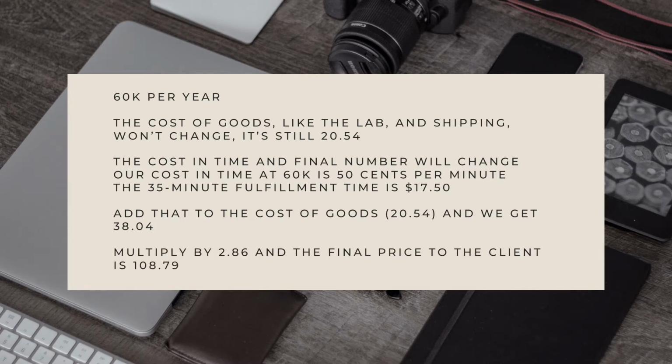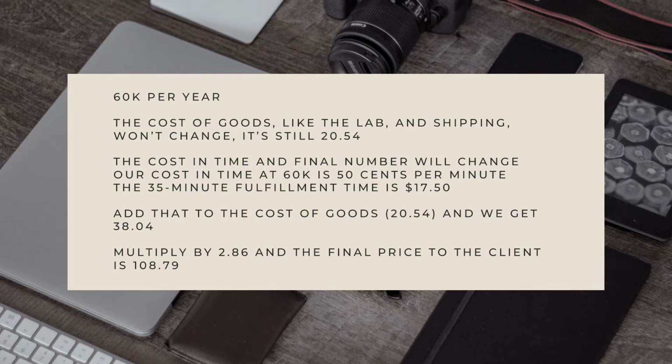We're going to multiply by 2.86 and the final price to the client is going to be $100.79. Okay, there's a lot to absorb here, but basically we've only changed one thing, which is that we've gone up to $60,000, which has given us 50 cents per minute, and so our time to fulfill has changed, okay?